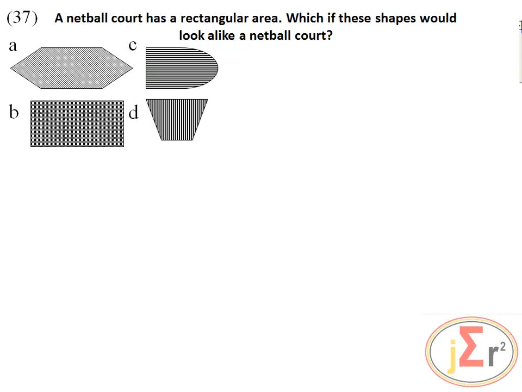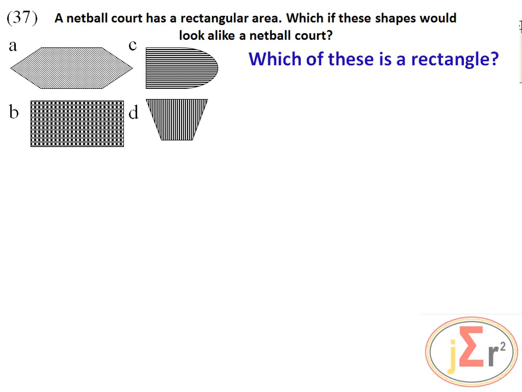Pay attention. A netball court has a rectangular area. Which of these shapes would look like a netball court? Option B. Okay, so that's option B. That is the one that is rectangular in shape or has a rectangular area.